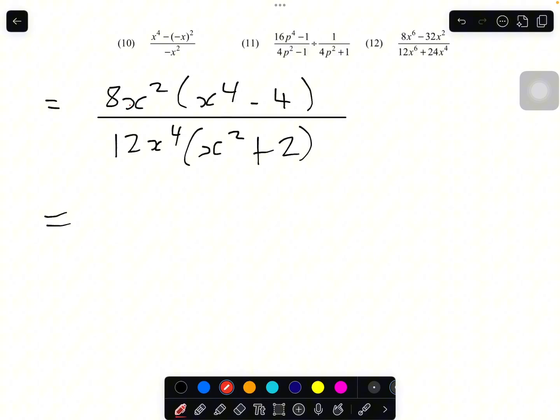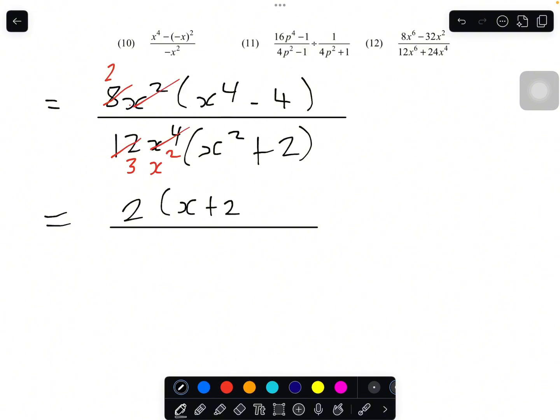And then now we can cancel off some terms here. If I cancel off this 12 with this 8, I'm left with 4 goes into 8 2 times, 4 goes into 12 3 times. This x squared and this now we get an x squared here. And then we'll continue. We need to factorize the top portion. So now this is going to be 2 into x plus 2 into x minus 2, over x squared.